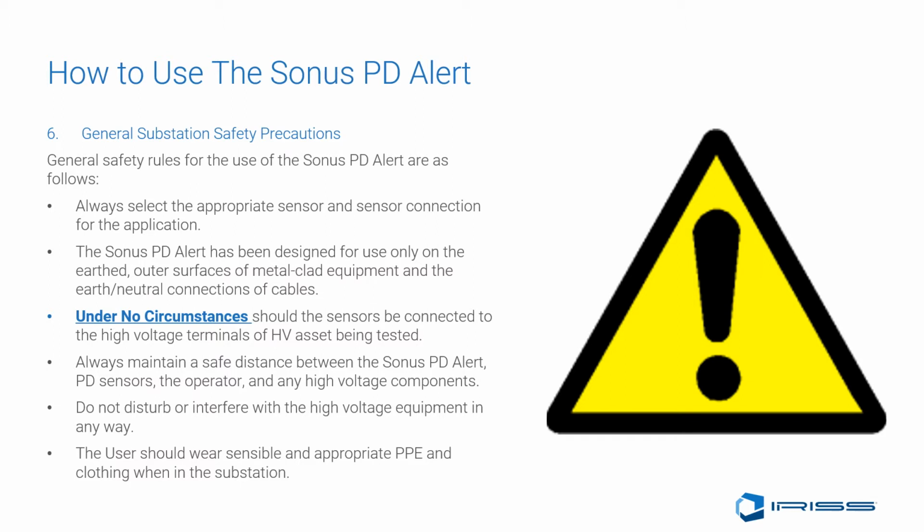Under no circumstances should the sensors be connected to the high voltage terminals of a high voltage asset being tested. Always maintain a safe distance between the Sonos PD Alert, PD sensors, and the operator and high voltage components. Do not disturb or interfere with the high voltage equipment in any way. The user should wear sensible and appropriate PPE and clothing when in substations.